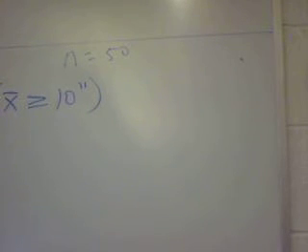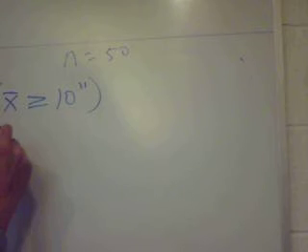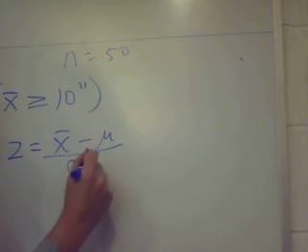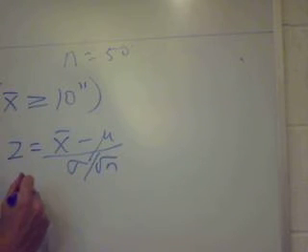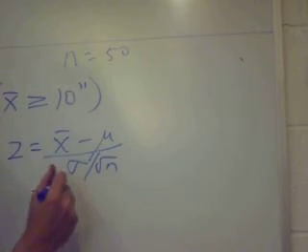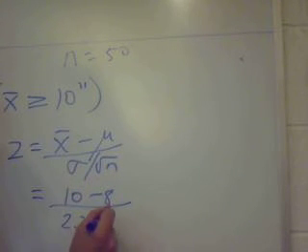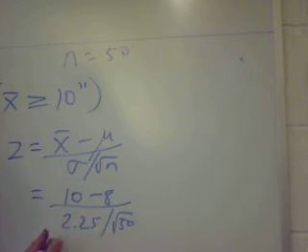Well, I do the same thing as before, except I change the value of n. Z is now x bar minus mu over sigma over root n, so this is going to be 10 minus 8 over 2.25 over the square root of 50.